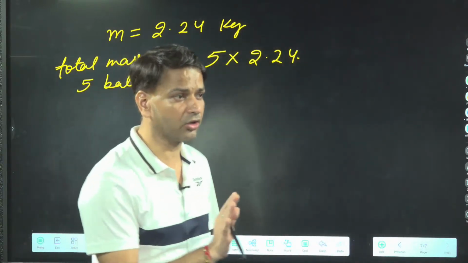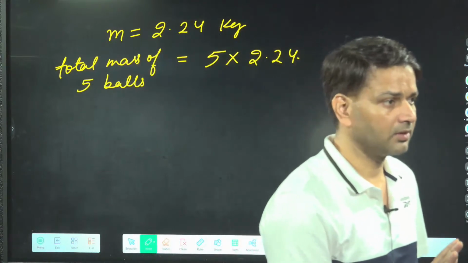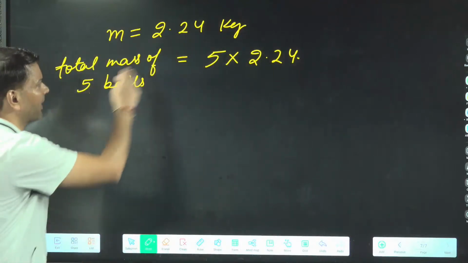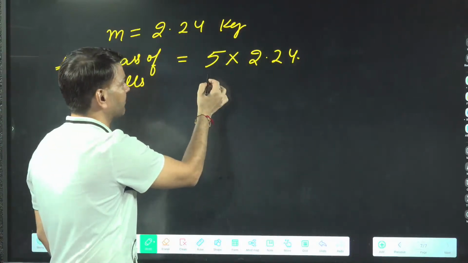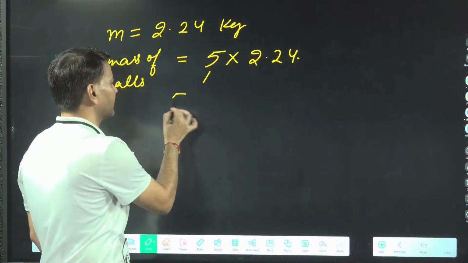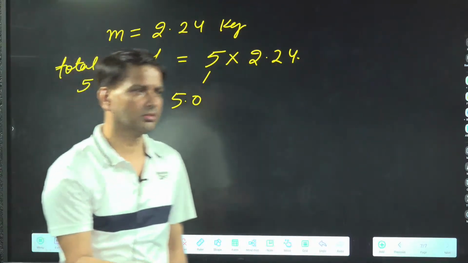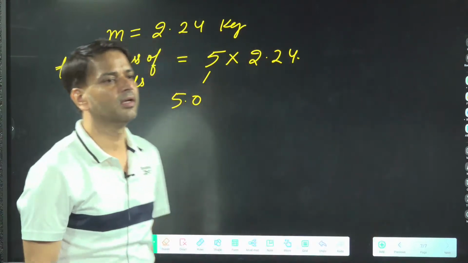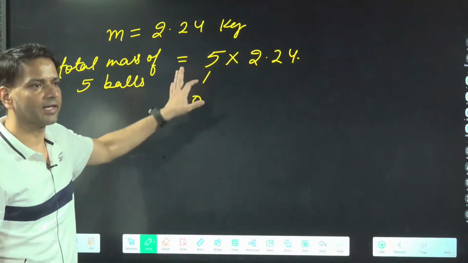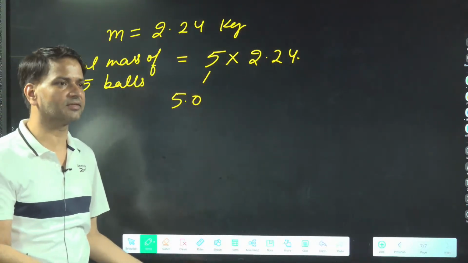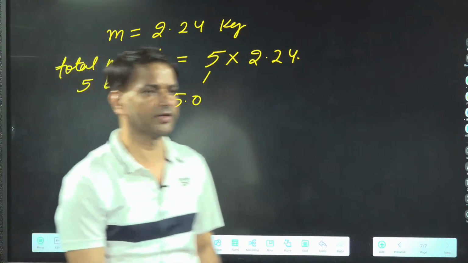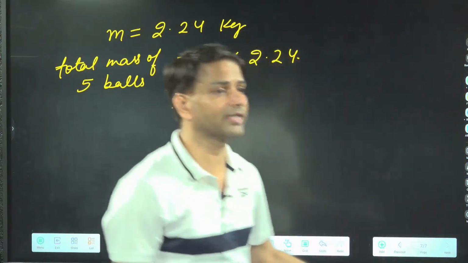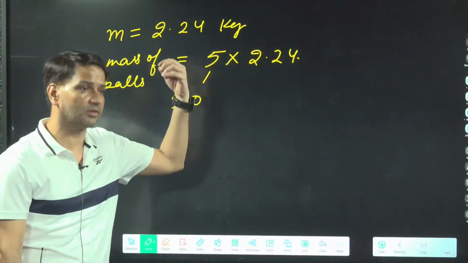Does everybody understand? So this 5 is not from any device I have measured. This is the numeric multiplier only. So if I write this 5 as 5.0, it is right, because ultimately I will multiply with 5 only. Yes or no? If I write this 5 as 5.0, the meaning is the same, because ultimately I will multiply with 2.24. And I will not violate any condition of the instrument, that this instrument can measure up to decimal 1 place only or decimal 2 places only.